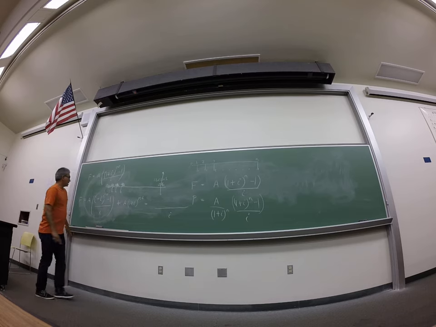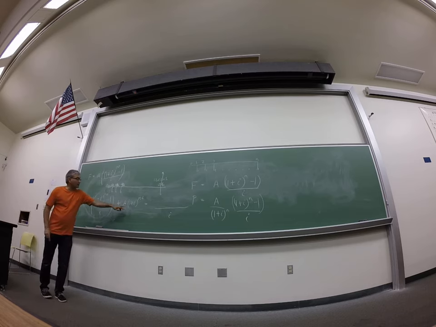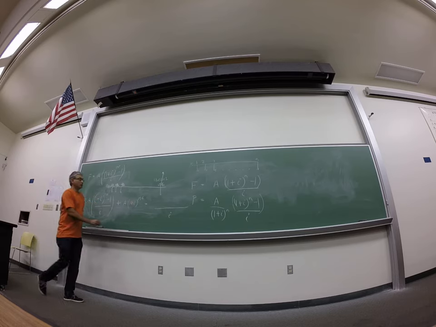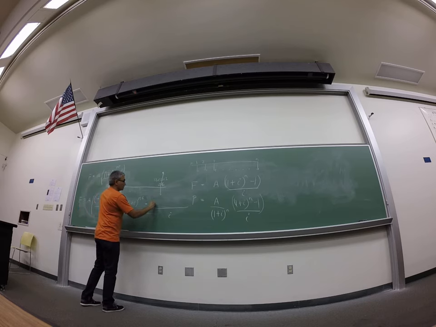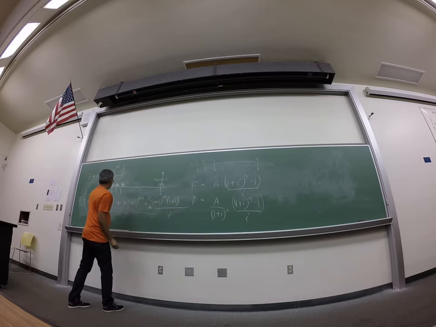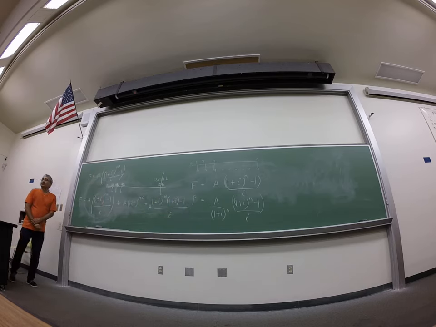If you look at this term and this term, you can take 1 plus i to the power 156 common. So you have A, 1 plus i to the power 156, times 1 plus i. Okay, does it make sense?